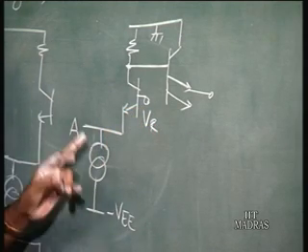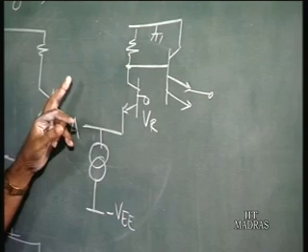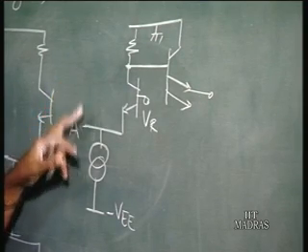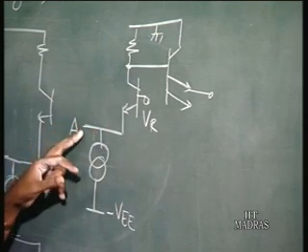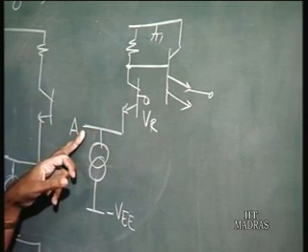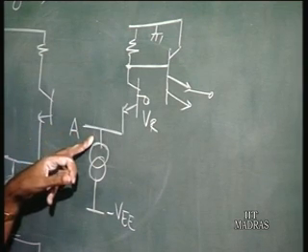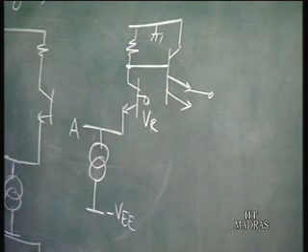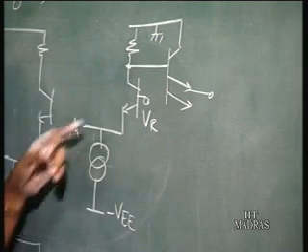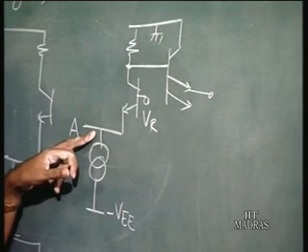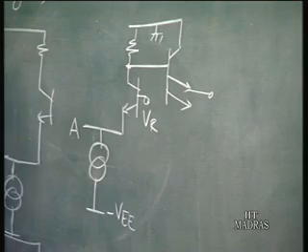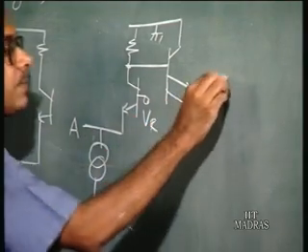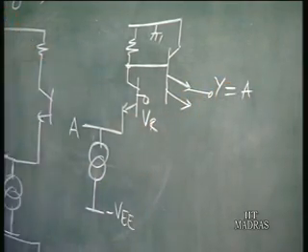Now if A is high, the base emitter voltage of this transistor becomes lower than the cut in voltage, or V on, so this transistor is off and the output is high. If A goes low, current can flow here, current flows through this resistance and output is low. So basically Y is equal to A.